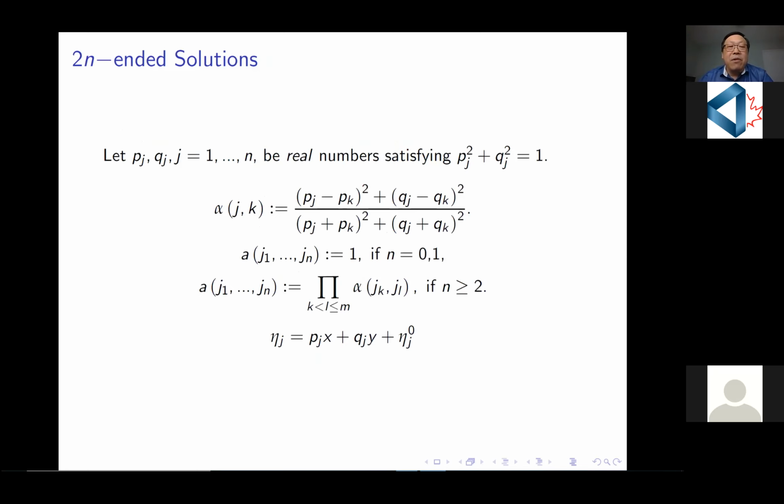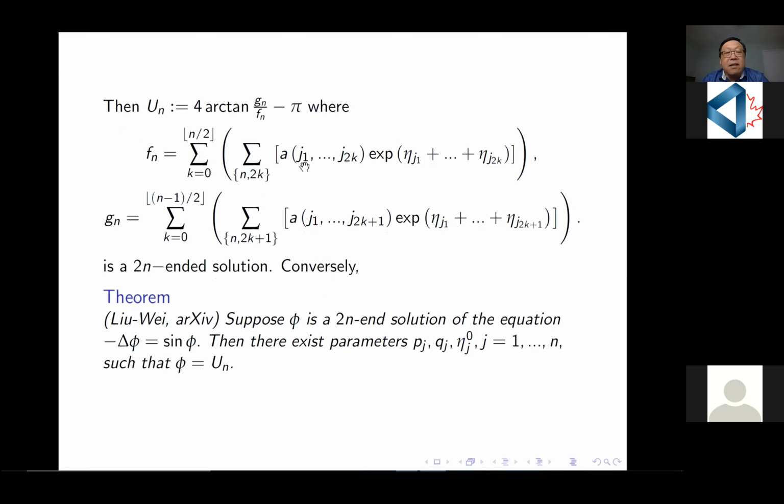In fact, you can write down all the finite-ended solutions explicitly, and they are given by this parameterization. The 2n-ended solutions are given by 4 times the inverse tangent of g_n over f_n, minus pi, where f_n is like this and g_n is like this.